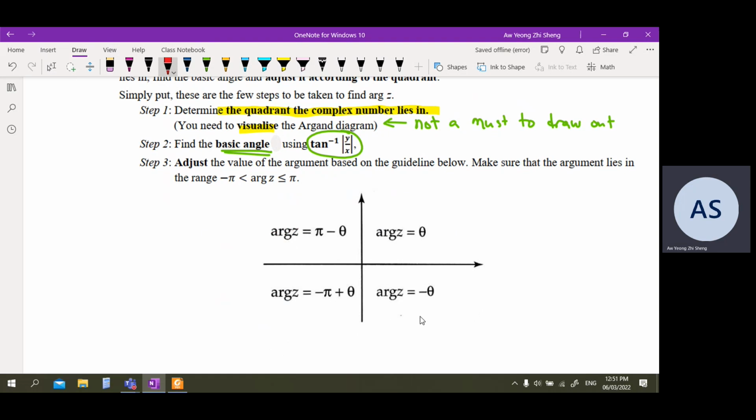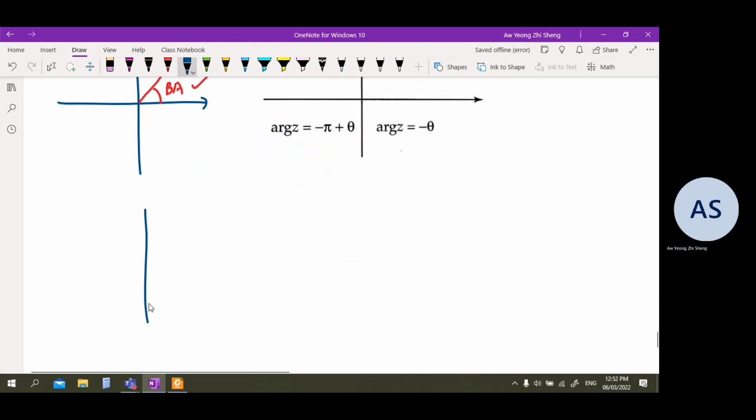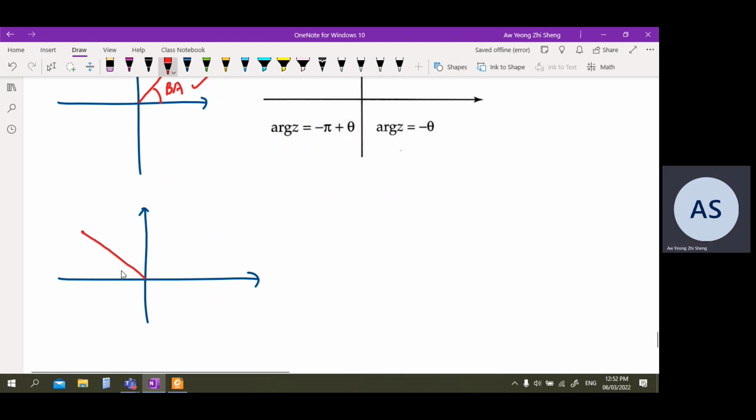Do you need to memorize this guideline, this diagram here? You actually do not need to memorize it. You only need to know that if you have a point in quadrant 1, whatever basic angle that you get, you will just take it as the argument. If you have a point in quadrant 2, the basic angle will be here, the angle made between the x-axis and the slanted direction.